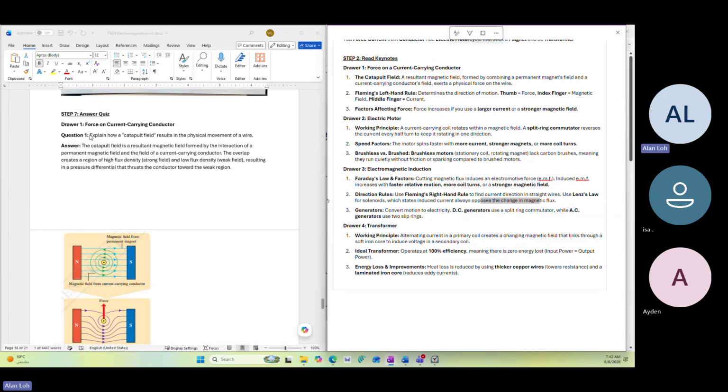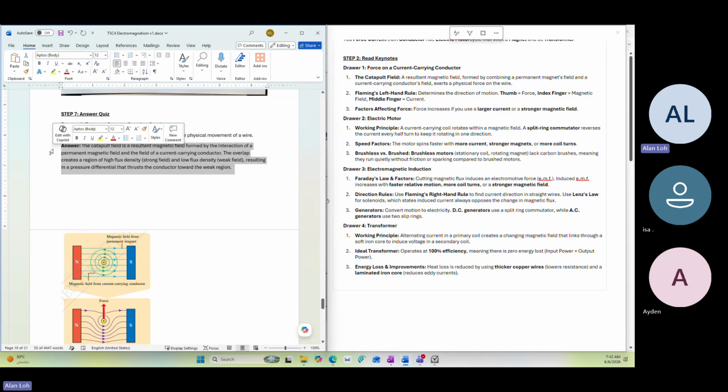When you read the questions, you ask yourself, which drawer is this? Obviously, this is drawer number 1, but the intention of asking yourself helps you reinforce the drawer name that you need to remember. Then you create your own answer before you read the answer. And then take your answer and compare it with the answer that is provided.